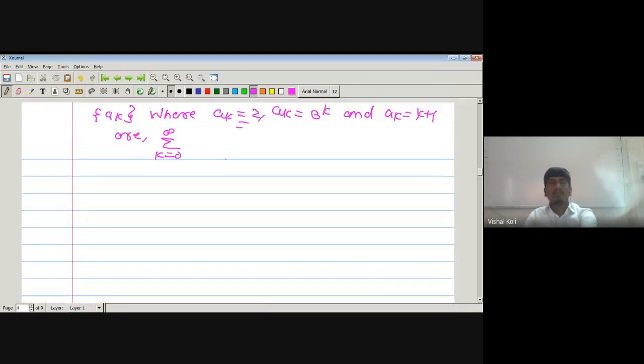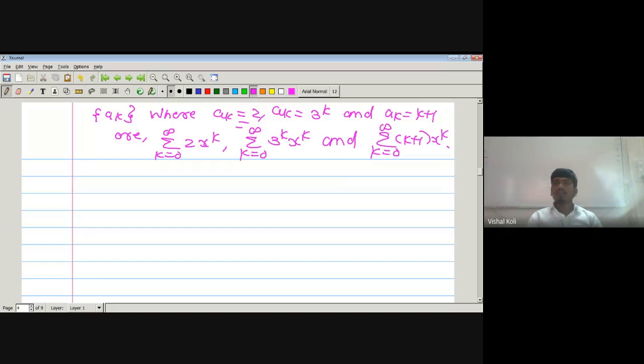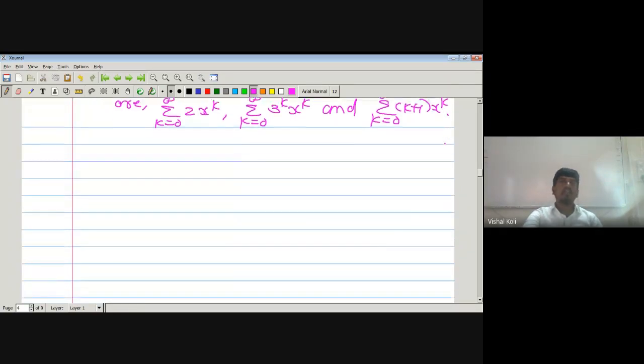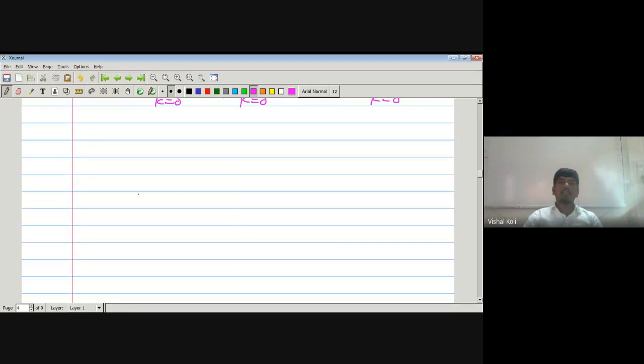That is, we get 2 into x raised to k, and if ak equal to 3 raised to k, then its corresponding generating function is nothing but summation k running from 0 to infinity 3 raised to k x raised to k, and for ak equal to k plus 1, it is nothing but summation k running from 0 to infinity k plus 1 x raised to k. So if we are given a sequence, then we can find out its corresponding generating function. These generating functions can also be written in a closed form, that is its shortest form.